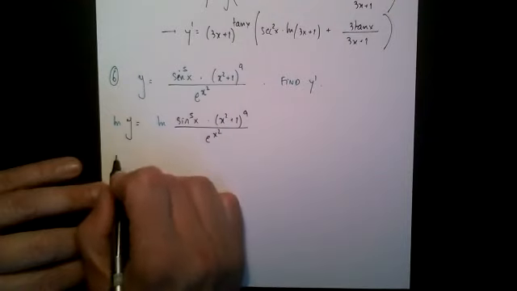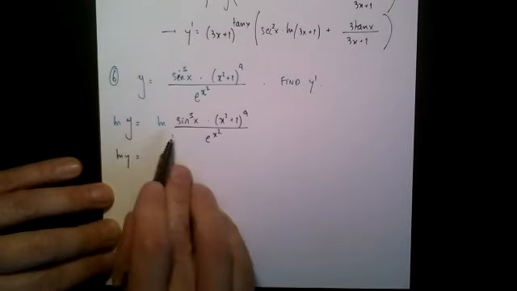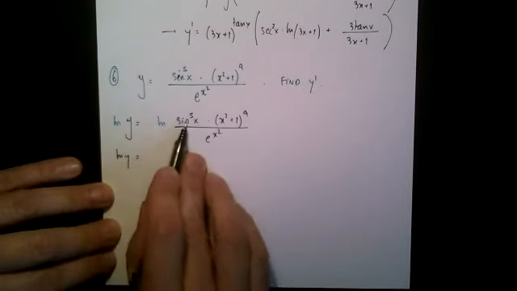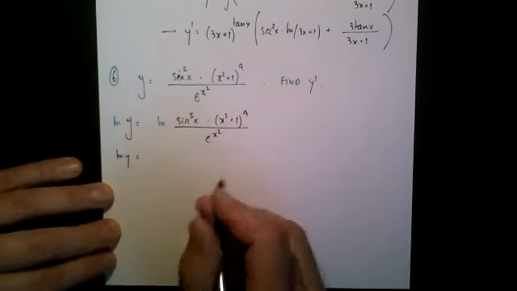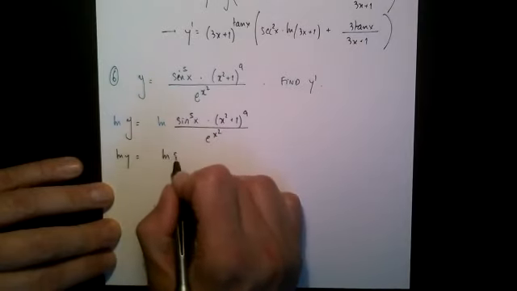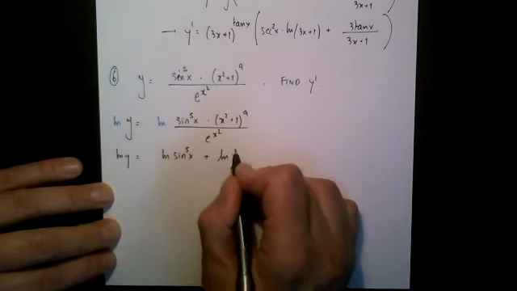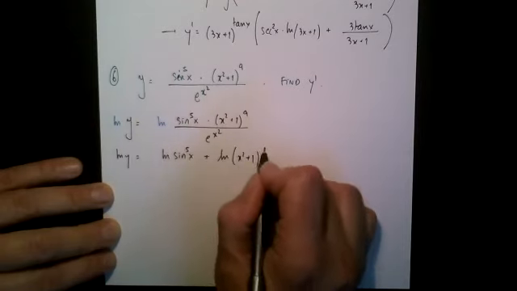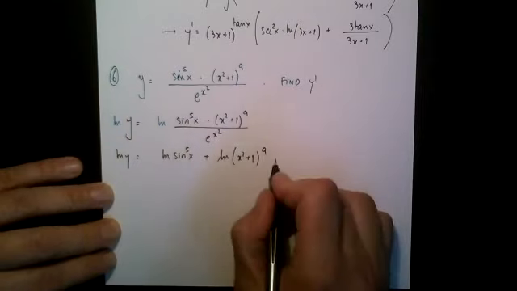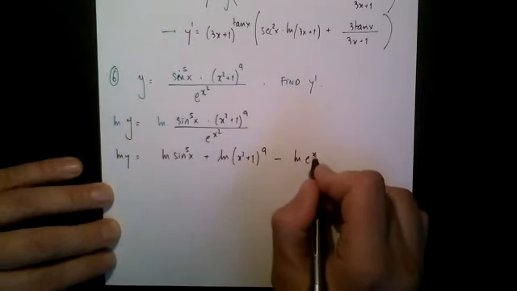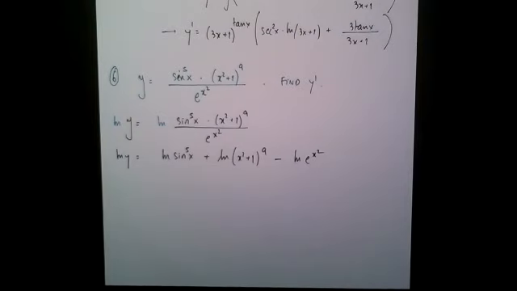So ln y equals, the ln of the multiplication becomes the sum of the logs: ln of sine 5x plus ln of x squared plus 1 power 9, and then we divide, so minus ln of e to the x squared.